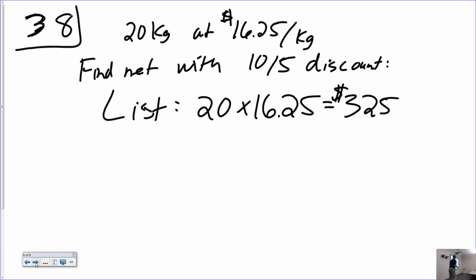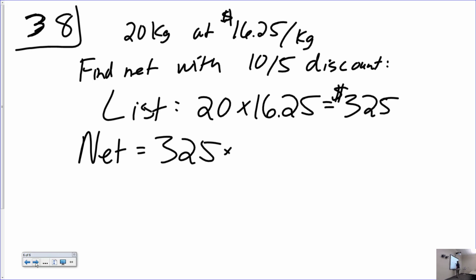And now how do we find the net price, folks? Take the list price and multiply by the complements of your discounts. 0.9 times 0.95.